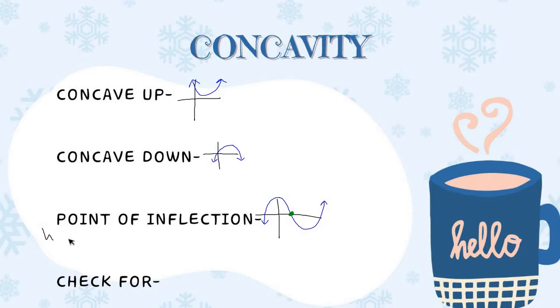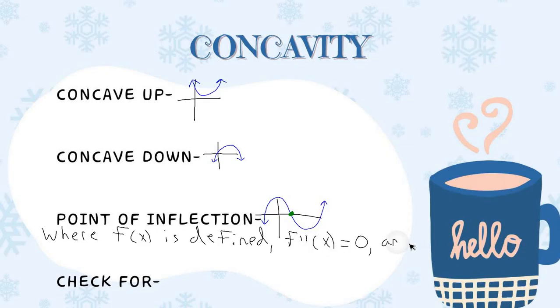And so this is where f of x is defined, f double prime of x equals 0, and f of x changes concavity.